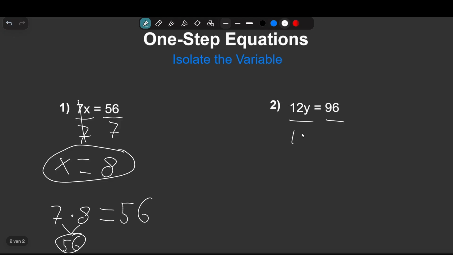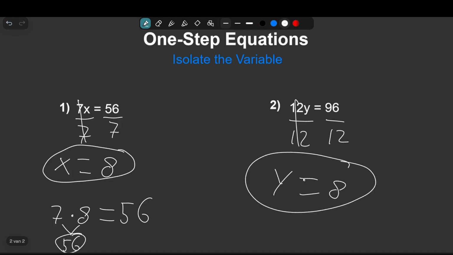So we're going to divide by 12 on both sides. 12 divided by 12 will cancel each other out again because we are just left with 1y, and you can just write that as y. So now we have y equals 96 divided by 12. 96 divided by 12 equals 8. So this will be our final answer.